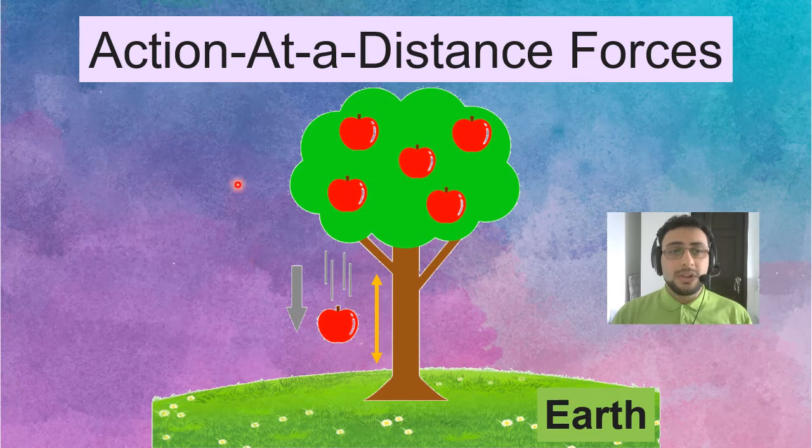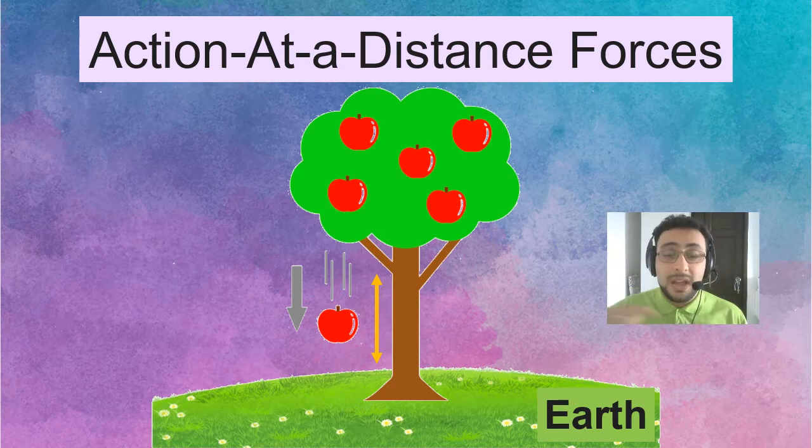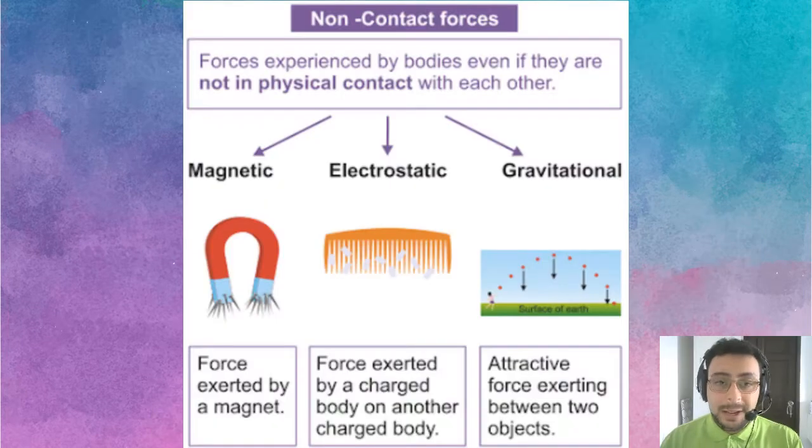So look at this action at a distance force. You see, the apple is falling from the tree, but you don't see anyone pulling the tree or throwing the tree. This is happening because of one of these ones. Look at here. We have magnetic force, we have electrostatic force, and we have gravitational force.